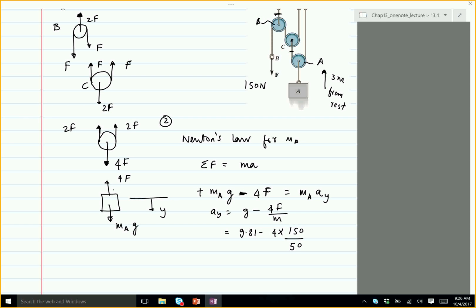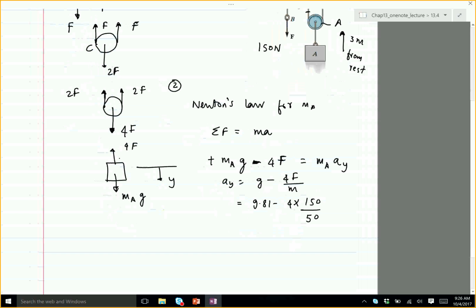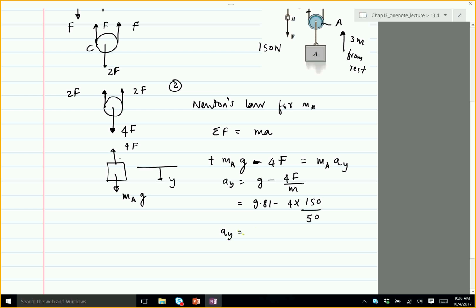Okay, so when you do this calculation, you see that AY is actually negative. Right? Because you get 9.81 minus, you get 4 times 3 is 12, so it's minus something.